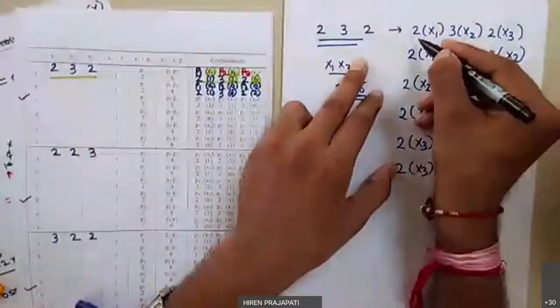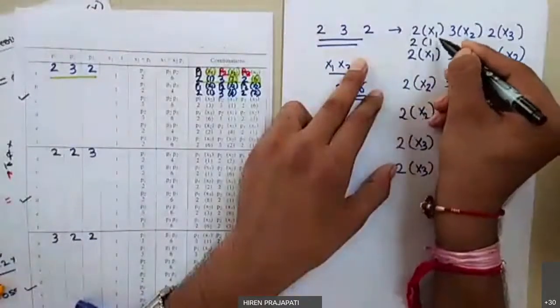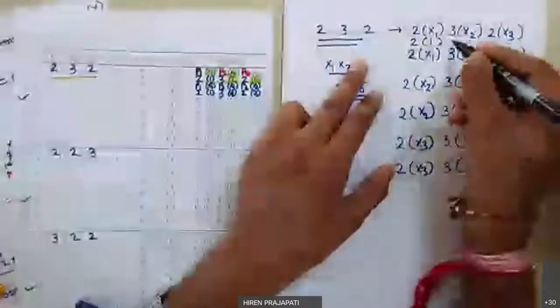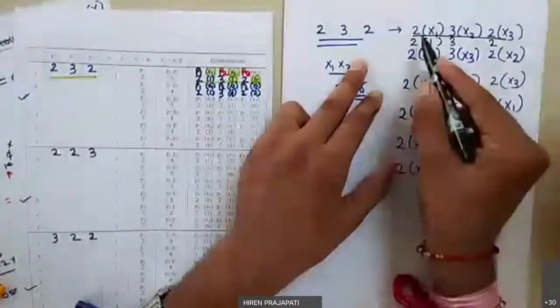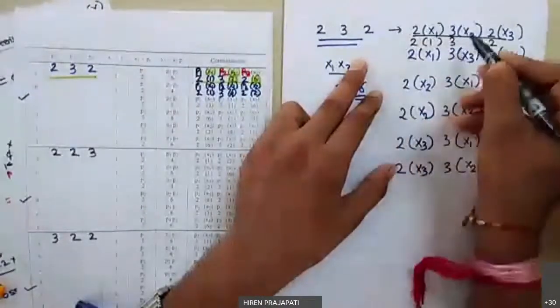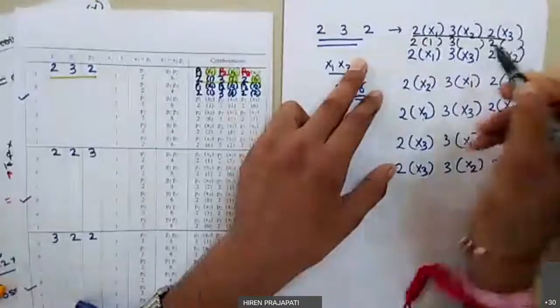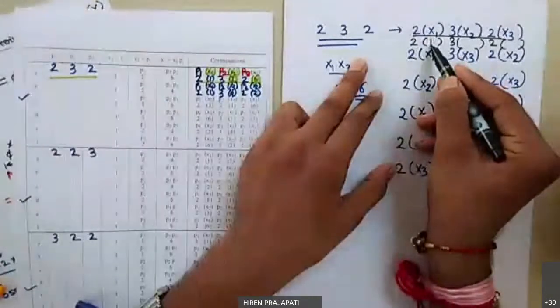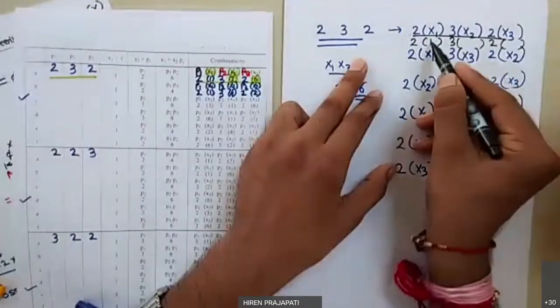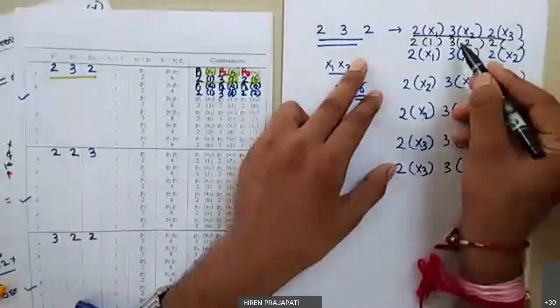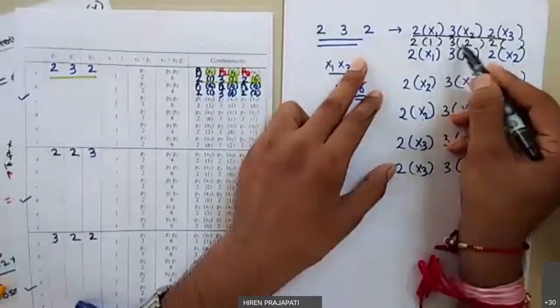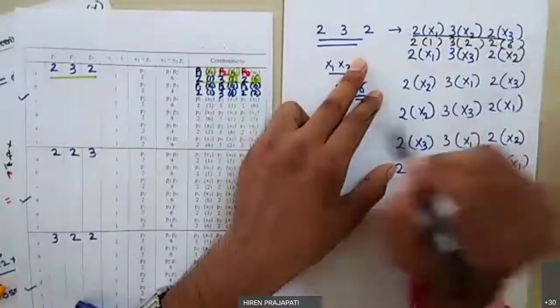Now let me write the values. By default x1 is 1, so 2, 1, 3, 2. We are writing for this equation. So 2, 3, 2. Now x1 is 1. So what is x2? It's 2 into 1, so 2. What is x3? It's 3 into 2, so it's 6. So 6 into 2, 12.